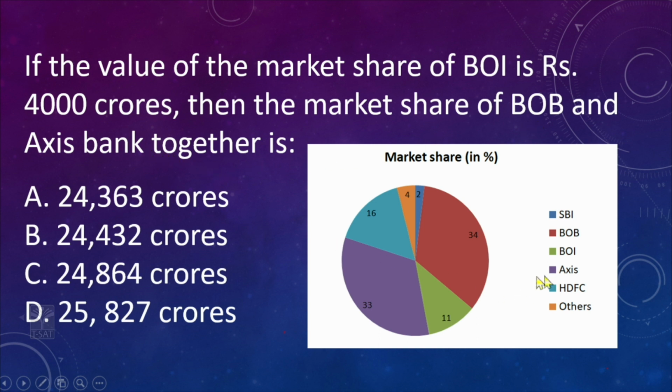Axis Bank is in purple color, that is 33%, and Bank of Baroda is in saffron color, 34%. So 33 plus 34 is 67%. If 11% is 4,000, then what is 67%? You have to calculate. That's a very important idea.